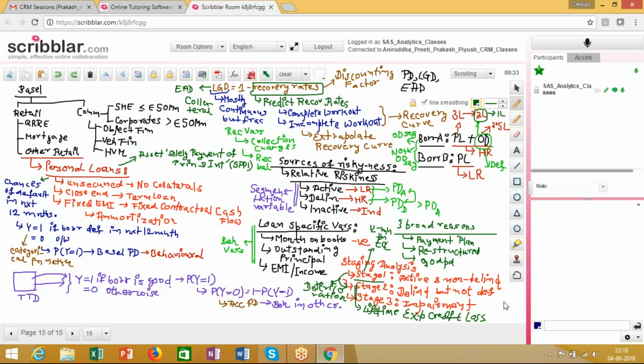For stage 1 accounts, you compute the next 12 months ECL, whereas for all the degraded accounts, we talk about the lifetime expected credit loss.